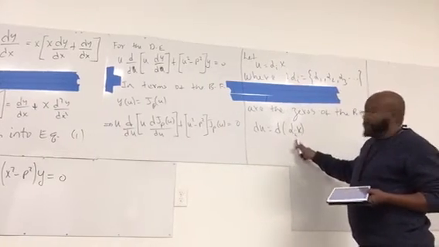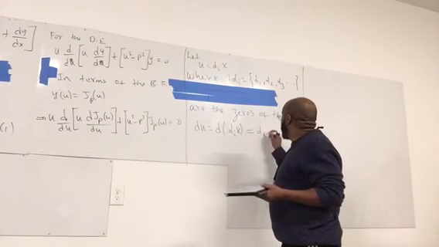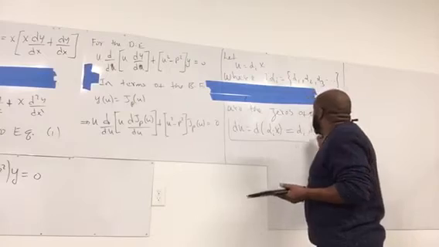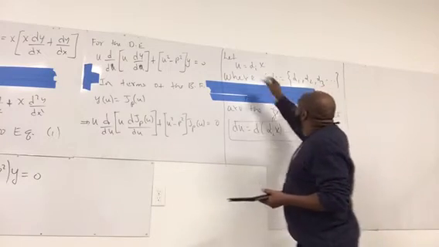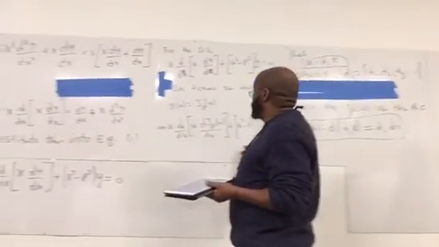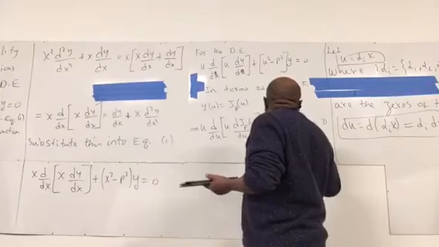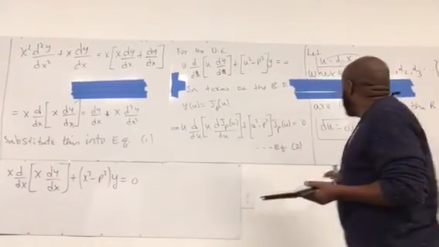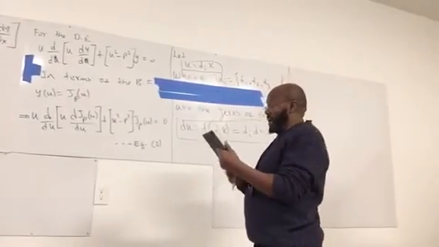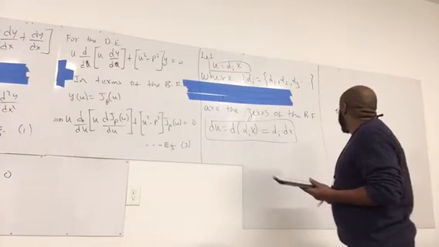Since alpha_i is a constant, this is the same as alpha_i dx. So we substitute these two relations into equation 2, which I call equation 2, and then you would find this equation.